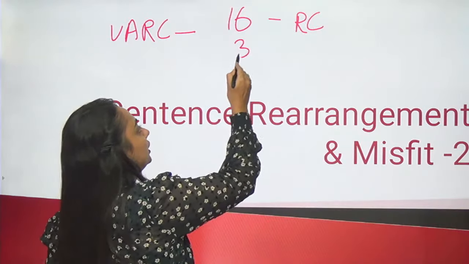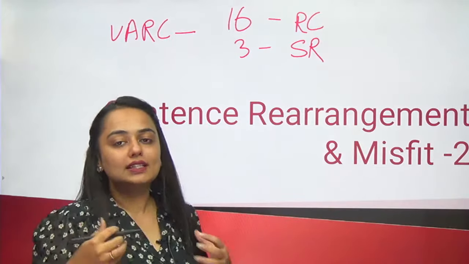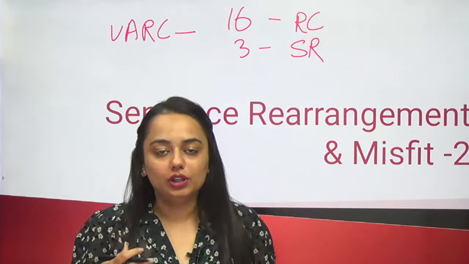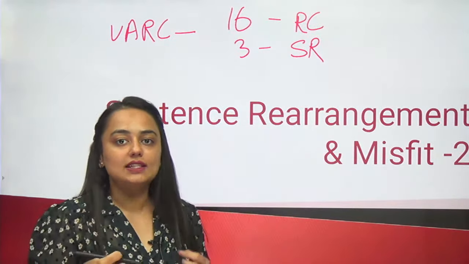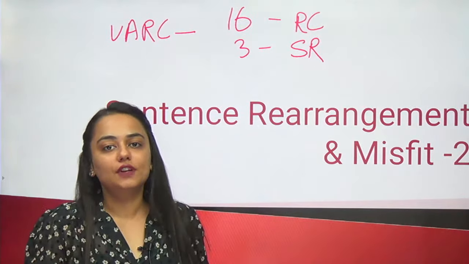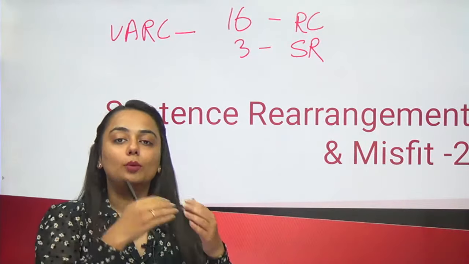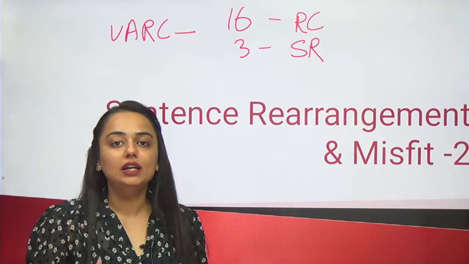Then you have 3 questions on sentence rearrangement, in which you get sentences which are randomly put. They are put in a haphazard manner, and you are asked to arrange them in a cohesive way, in a paragraph that makes sense, that is understandable, that is properly sequenced, or properly ordered.